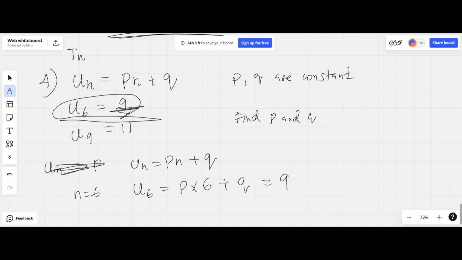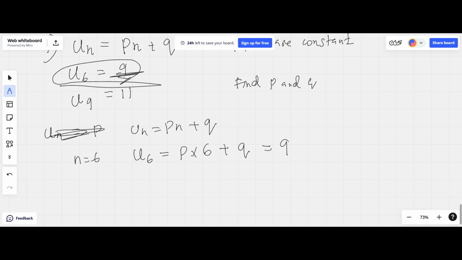It means 6p plus q is equal to 9. You can do the same thing for the other one, so try it.